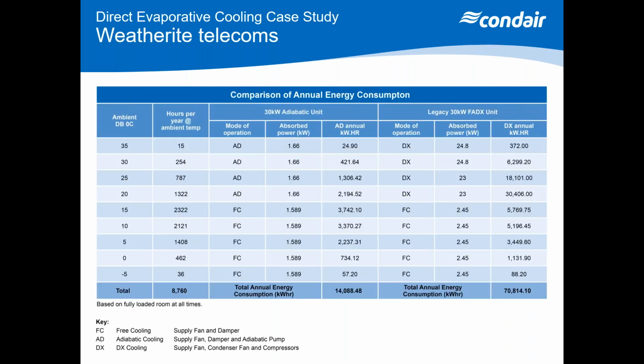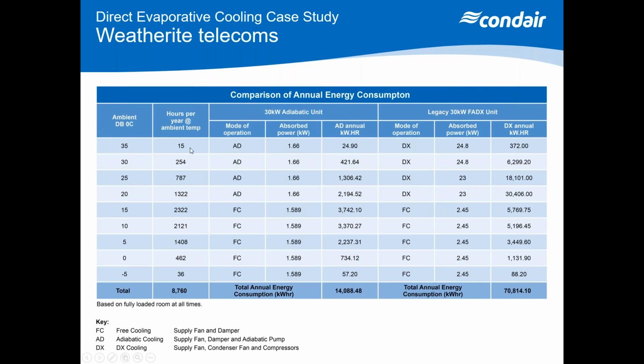So what about performance? What does this actually do for the client? Well, there's a lot of data on this slide, so I'll try and break it down into columns at first. If you draw your eye to the left-hand side of the table, you can see the ambient temperature listed in degrees C. It starts at -5 and then goes up to 35 degrees C. The next column shows the hours per year that we experience these ambient temperatures.